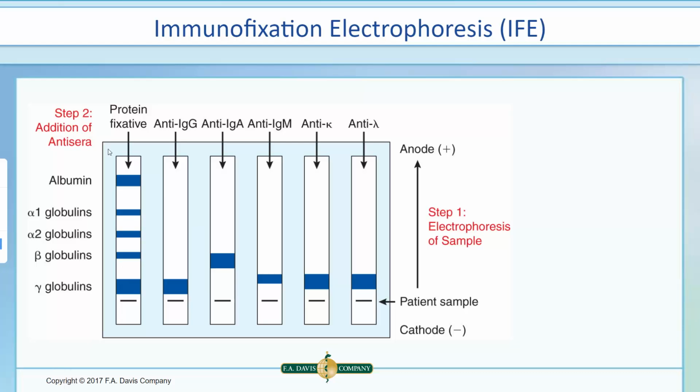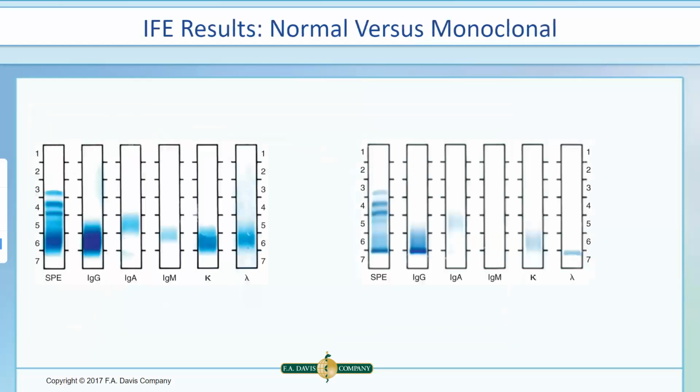You would add the anti-sera, and then you would put the patient sample on there and let it run by electrophoresis, and you can see where they land and how dense those bands are. So in this, you have normal. Here, this is abnormal. So you can see the difference between these two.